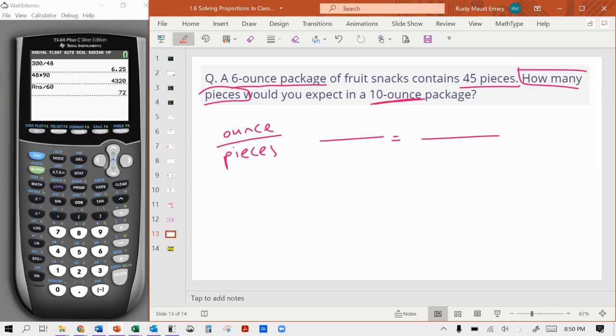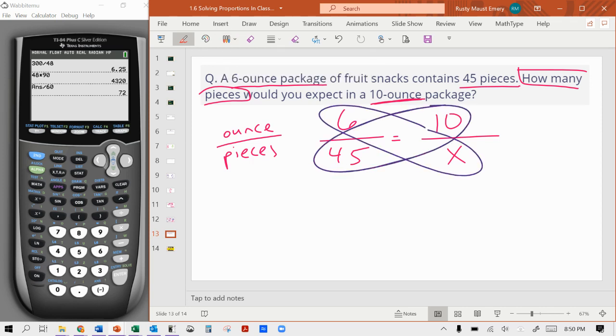So my proportion ends up being, the complete information is 6 ounces has 45 pieces. How many pieces? Well, that's the bottom, so pieces, would I expect in 10 ounces? Once again, cross multiply and divide. We get 6x equals 450.